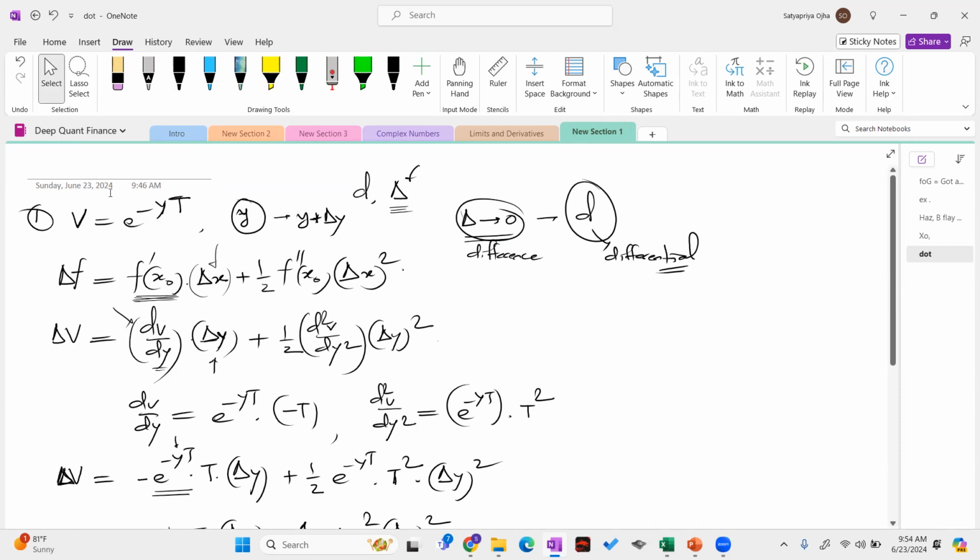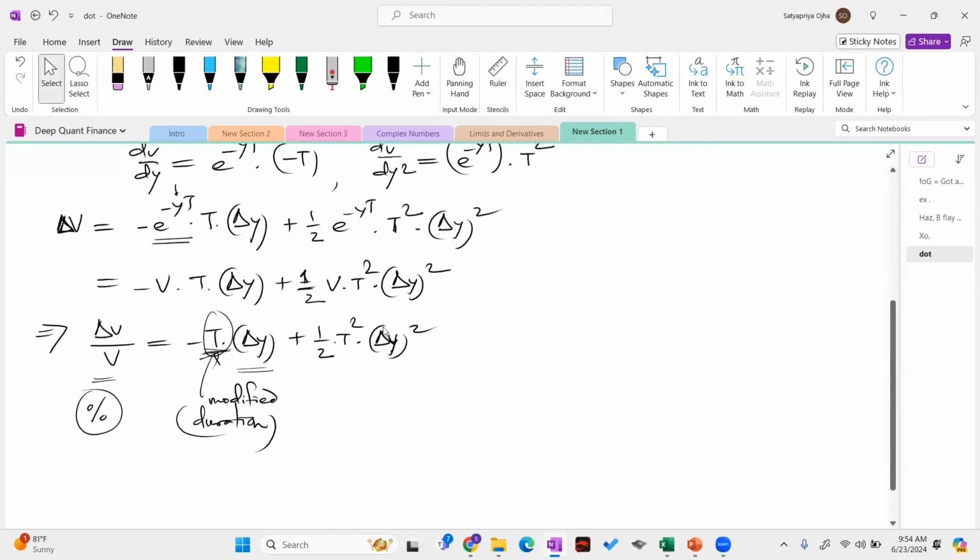Continuous compounding. In case of continuous compounding, plain duration, Macaulay duration, is equal to modified duration. There is no adjustment. So that's why T is the duration of the zero coupon bond: there's only one payment happening after T, so your average waiting time is the same T.